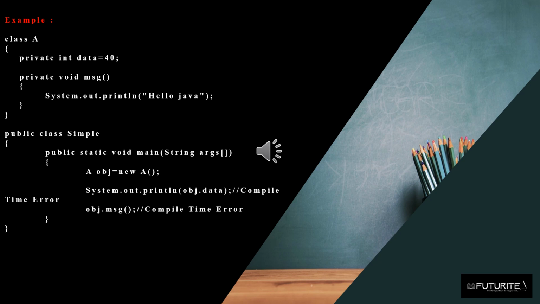So this is the scope of class A. As class simple is a different class and it is trying to access the data variable of class A through the object OBJ, which is created for class A, and the data variable is declared with private access modifier, and in private access modifier the members cannot be accessed from outside the class, therefore it is throwing a compile time error.